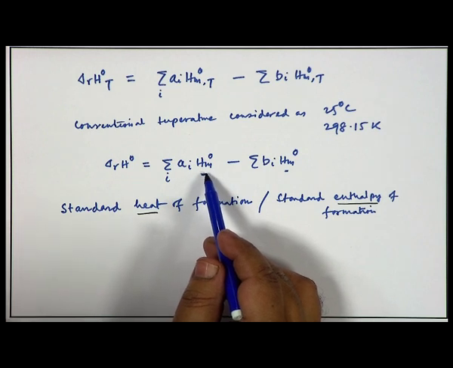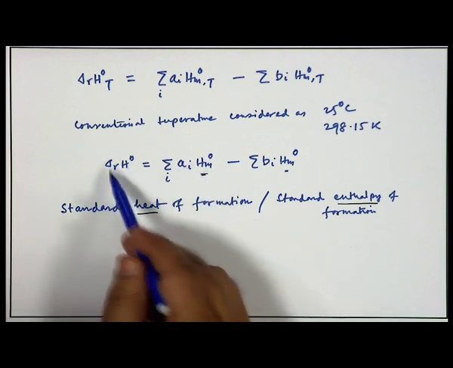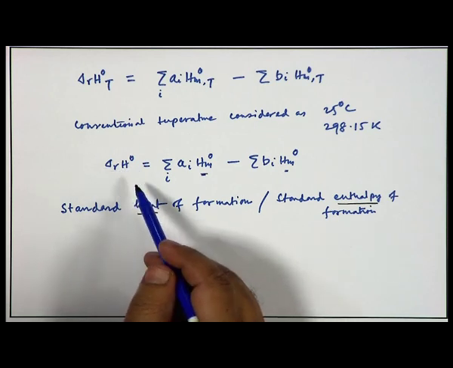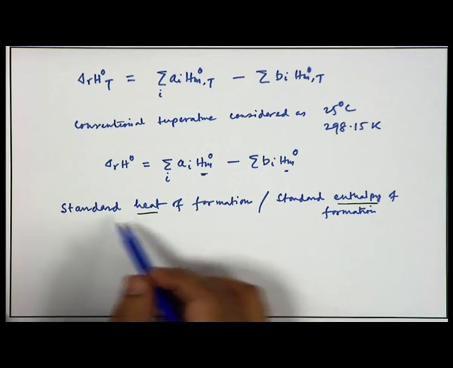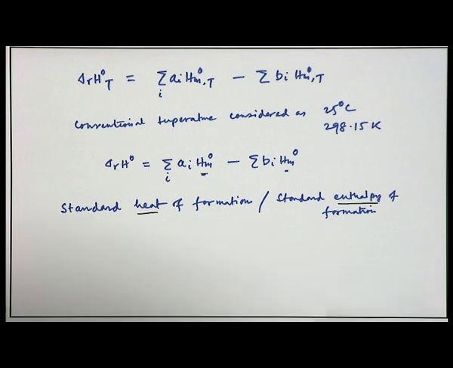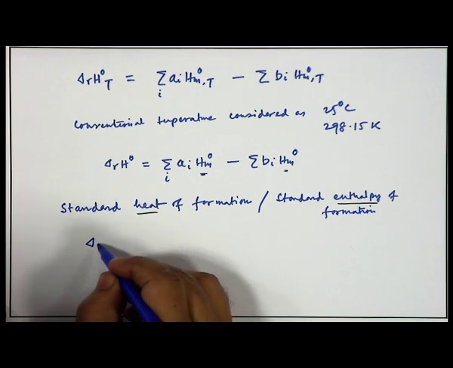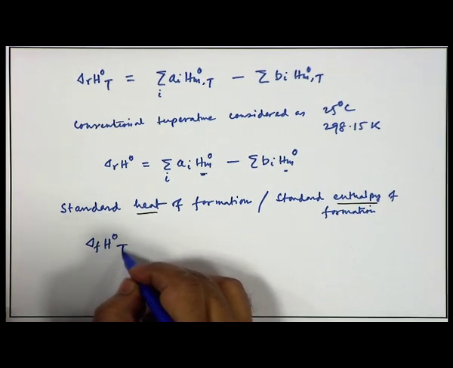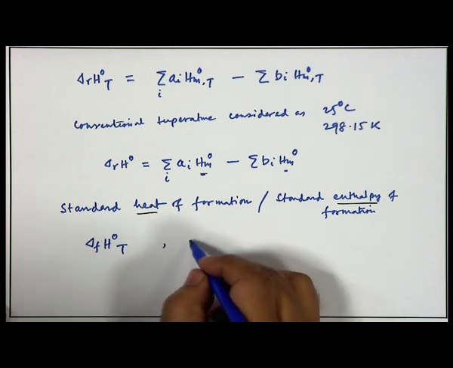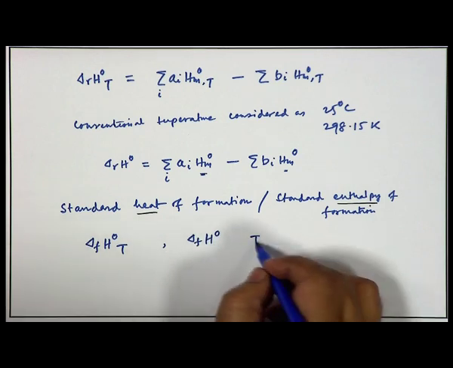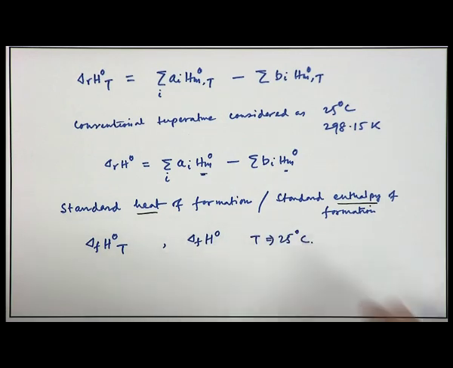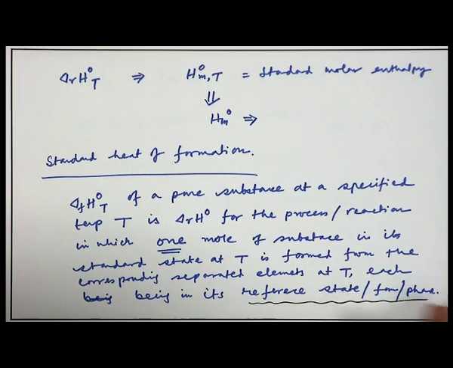Hence, we require an indirect method to find out the standard heat of reaction or standard enthalpy of reaction, and that is the reason we define this term, standard heat of formation or standard heat of reaction. We represent this for a particular temperature, and if I just write it like this, then you will understand this is for 25 degree centigrade.